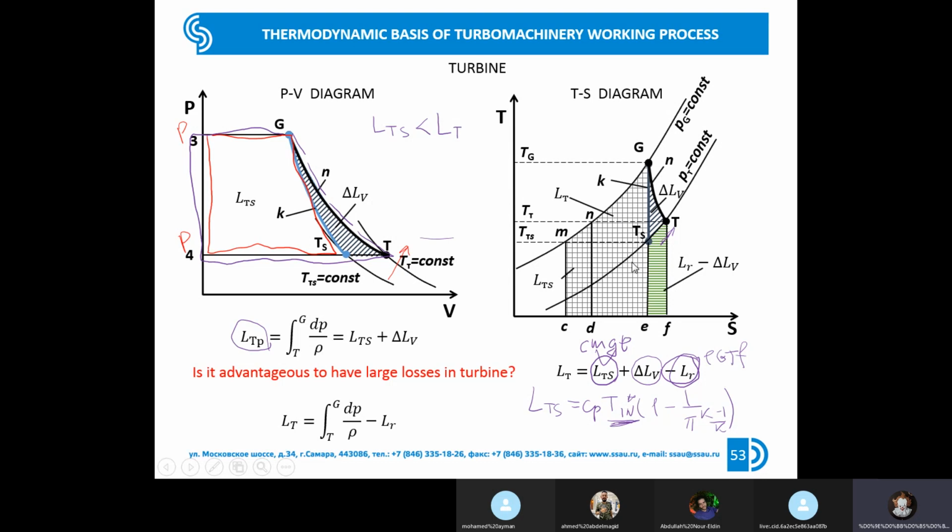I'm not sure it's true, but in reality I think it's not far from the parallel direction. We could say that these two trapezoids are equal. That's why we could remove this one and add this one. So in other words, the real work will be equal to this one.